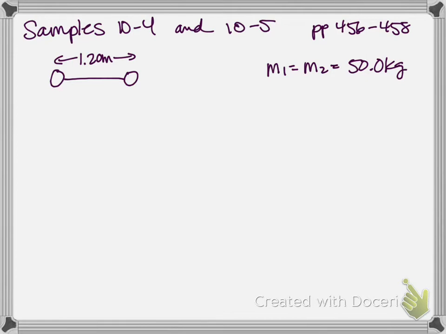Now we're going to rotate around the center of this. If you picture this in 3 dimensions, one of the weights is coming towards you and the other is going away from you, rotating in and out of the plane of the whiteboard. If you look at the picture on page 456, you should be able to make some sense of that. So what's the moment of inertia, or rotational inertia, here?